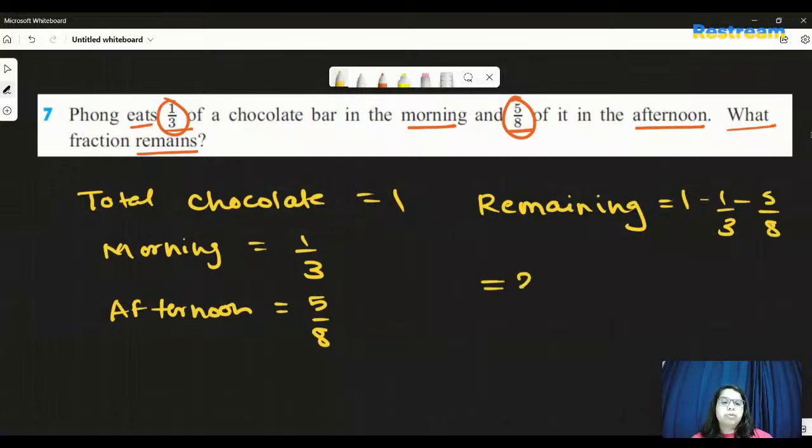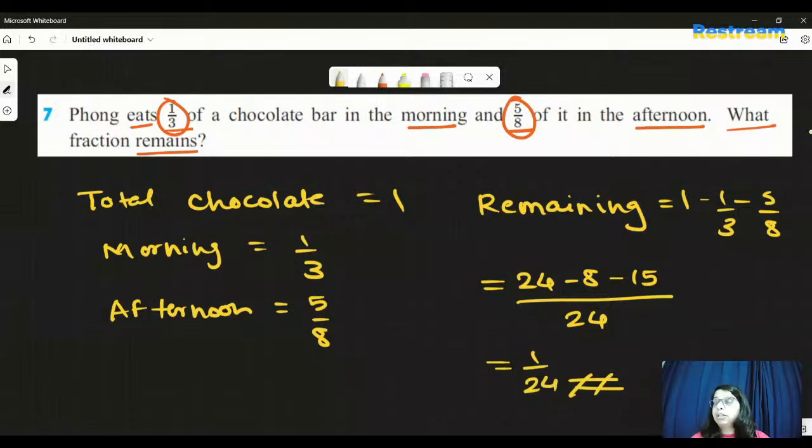So that is equal to 24 minus 8 minus 15 over 24. So 8 plus 15 is 23. So that is 1/24. So this is our final answer.